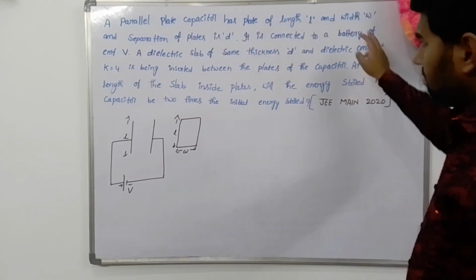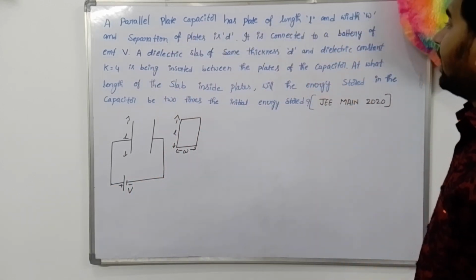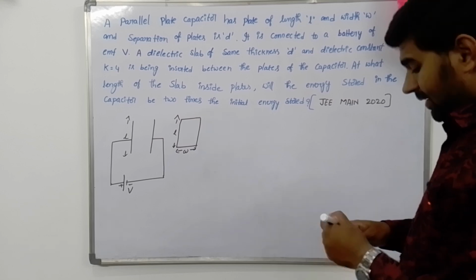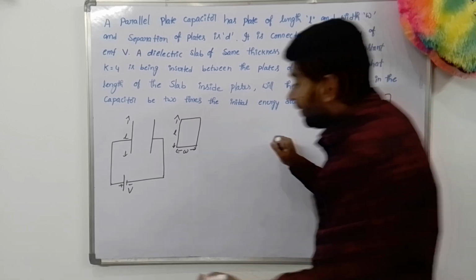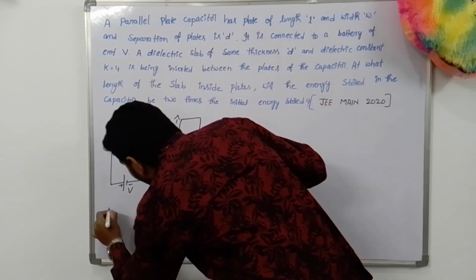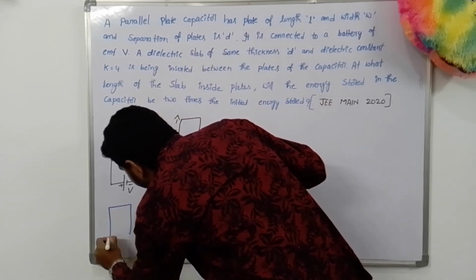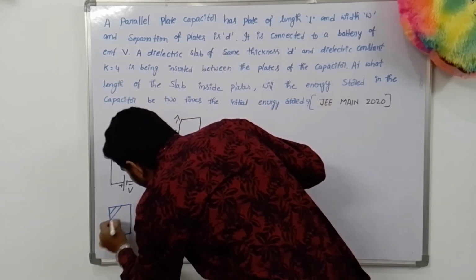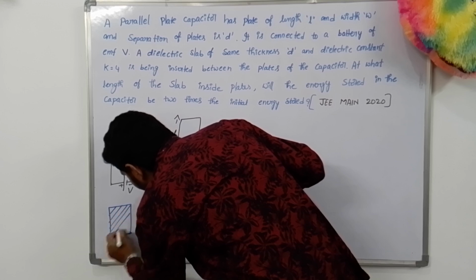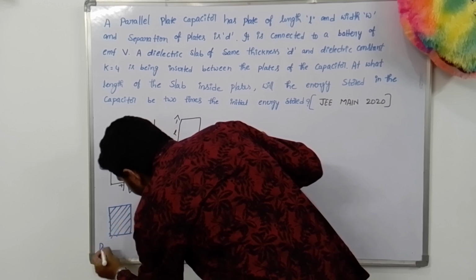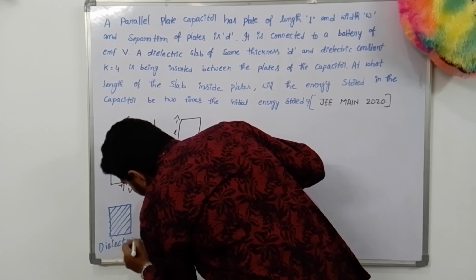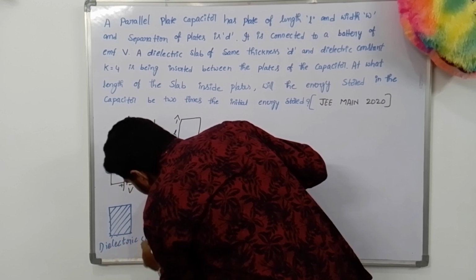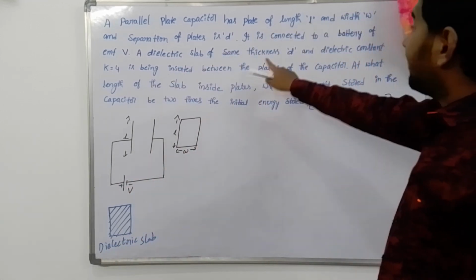Now, a dielectric slab of the same thickness D. We have to take one dielectric slab. I can take one dielectric slab here. This is the dielectric slab of the same thickness.